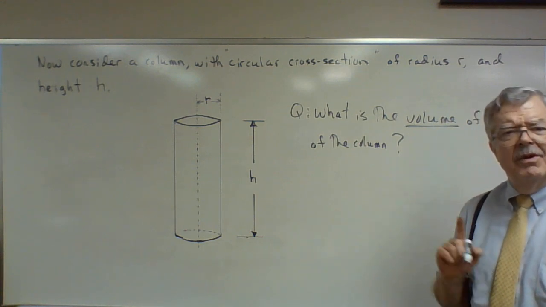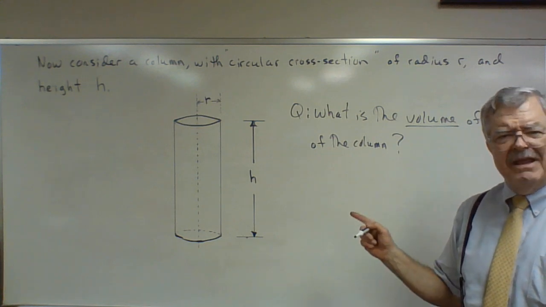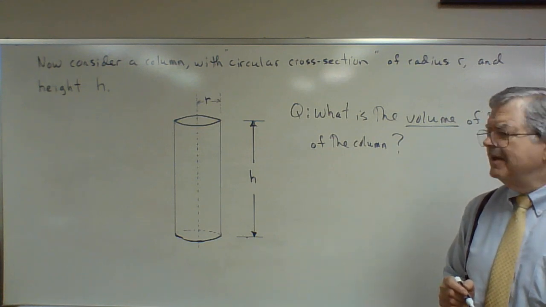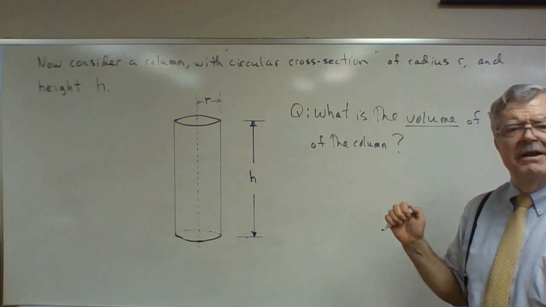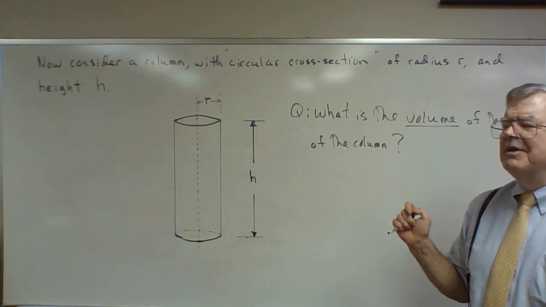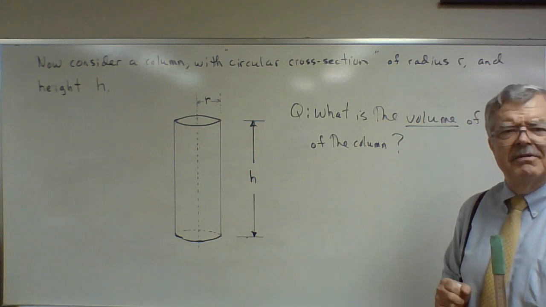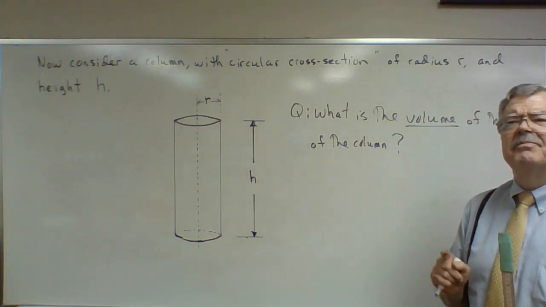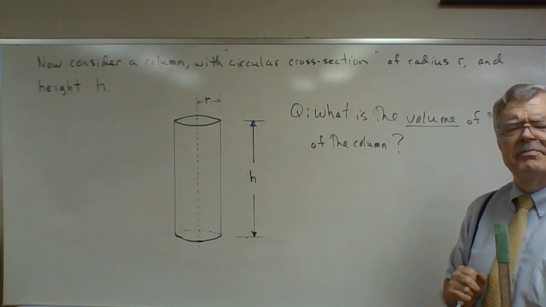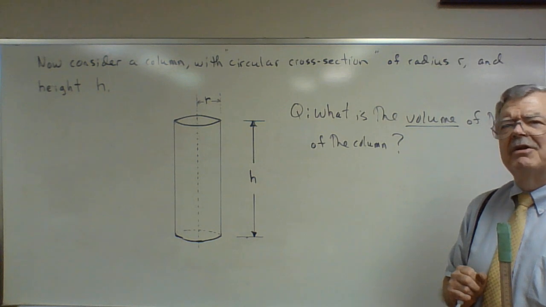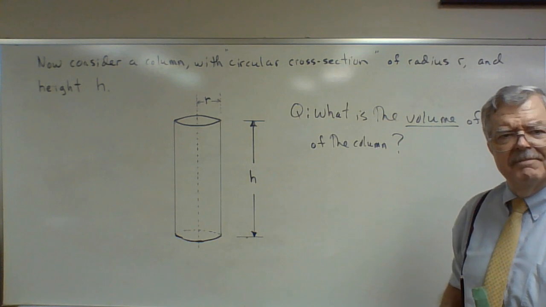Well, wait a minute. We just did this for a column that had a rectangular cross section. And essentially we reformulated it so that it really didn't have anything to do with the shape of the cross section. When we had a column with a cross section of rectangular shape, we said that the volume was the area of the cross section times the height.